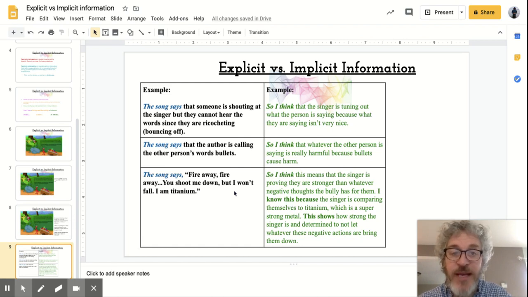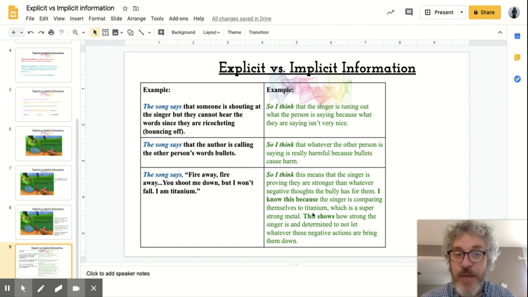Now, we can use the implicit information here to make an inference and think that this means that the singer is proving that they are stronger than whatever negative thoughts the bully has for them. I know this because the singer is comparing themselves to titanium, which is a super strong metal. This shows how strong the singer is and determined to not let whatever these negative actions bring them down.